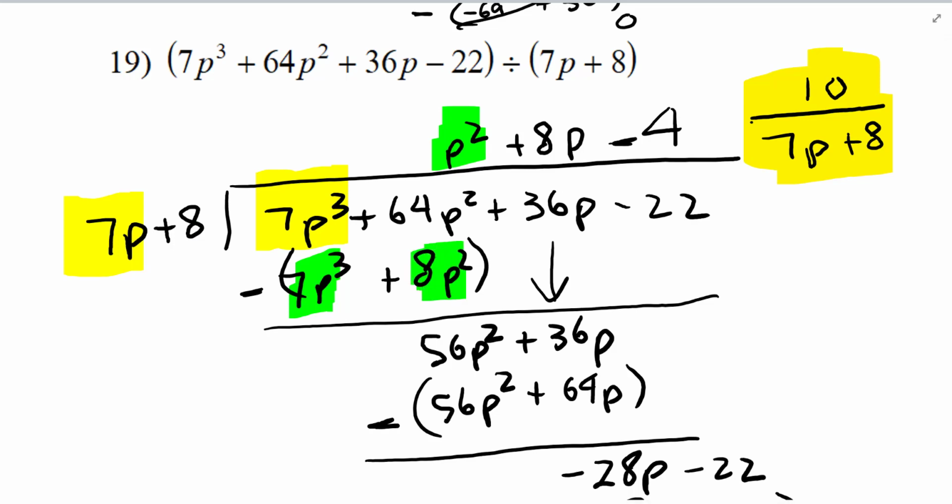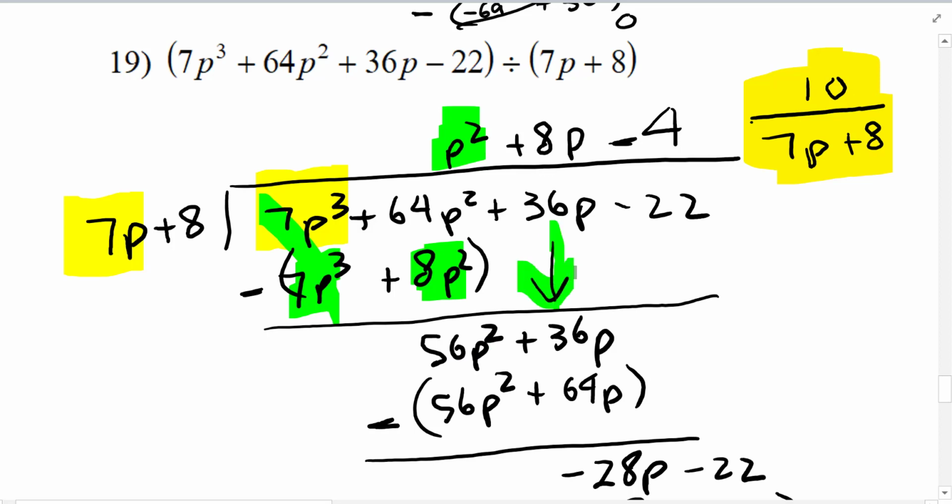You're going to subtract the whole thing. All right, and those cancel. 64p squared subtract 8p squared leaves us with 56p squared, and then we bring down this positive 36p.